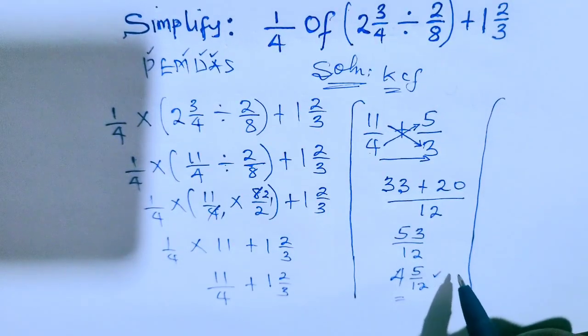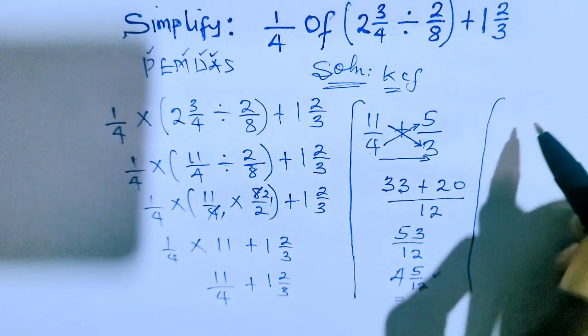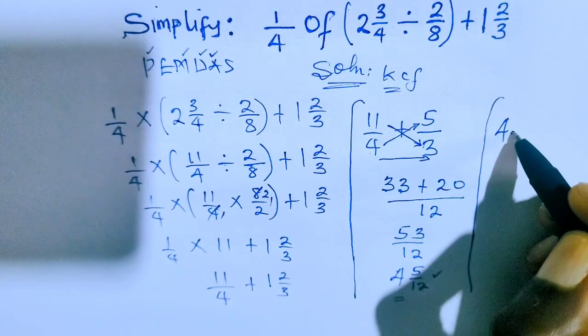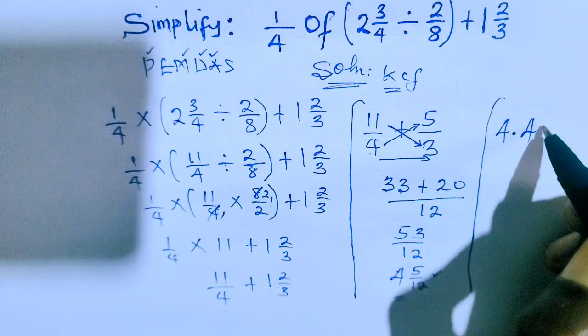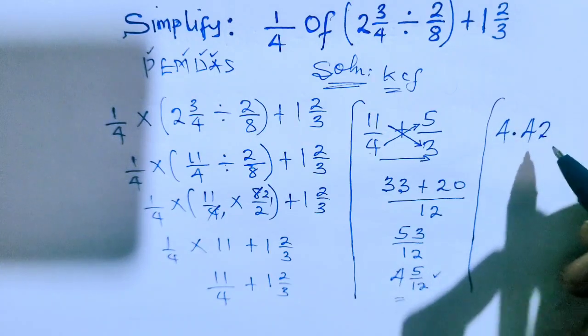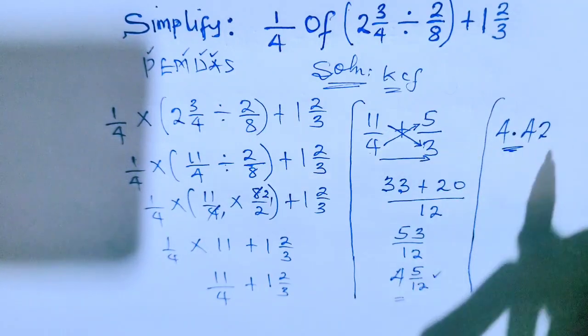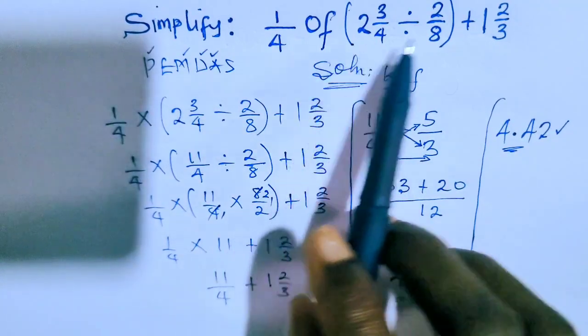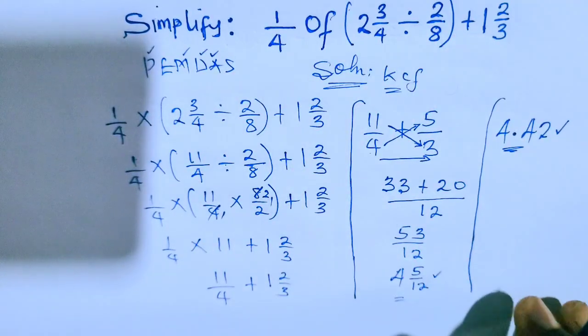Or if you take this to decimal, you're going to have 4.42 approximate. And this is the correct answer to this given expression right here.